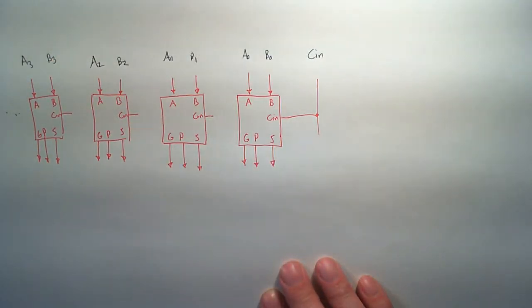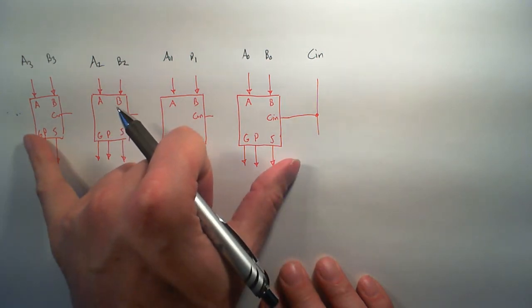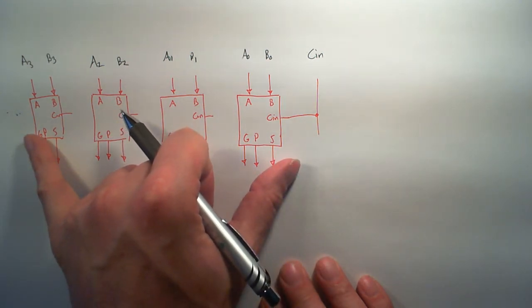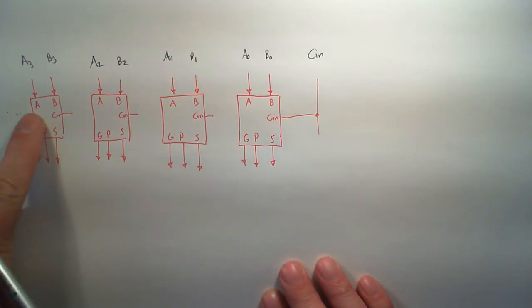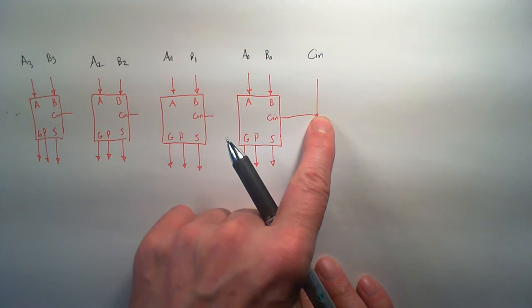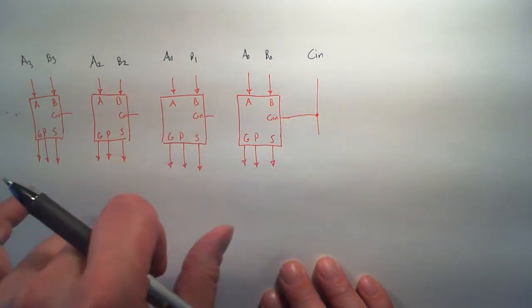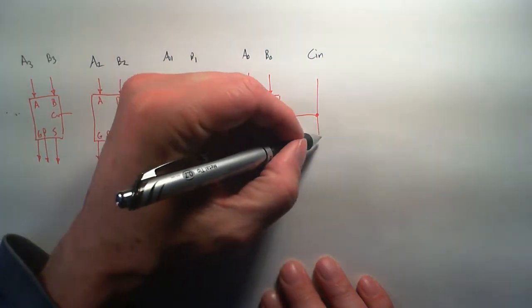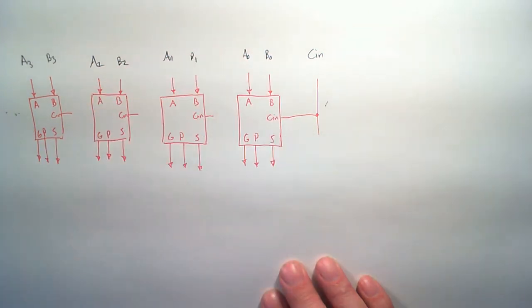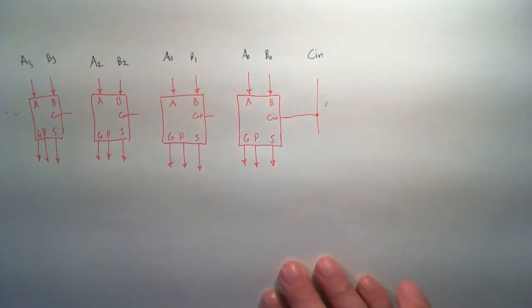So that carry in could be used if I wanted to tie this adder together with another adder just like it. I could chain the carry out from the most significant bit of another module to the carry in of this. Or if it's just going to be an n-bit adder, I would just tie carry in to ground. But for now, I'm just going to show it as a generic carry in.